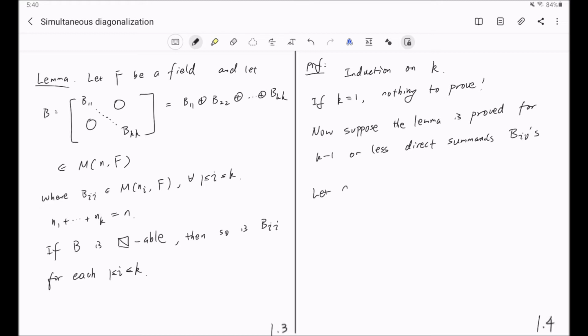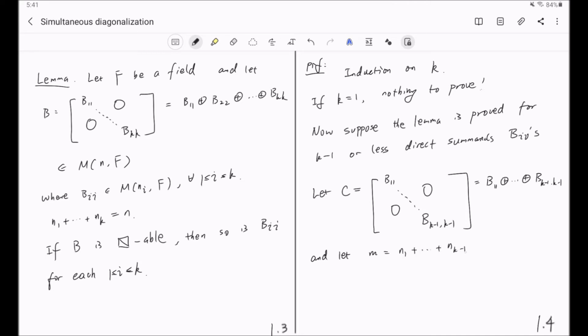Let the matrix C be this block diagonal matrix, namely, the direct sum of B11 through B sub k minus 1, k minus 1. And let little m be the sum of n sub 1 through n sub k minus 1.